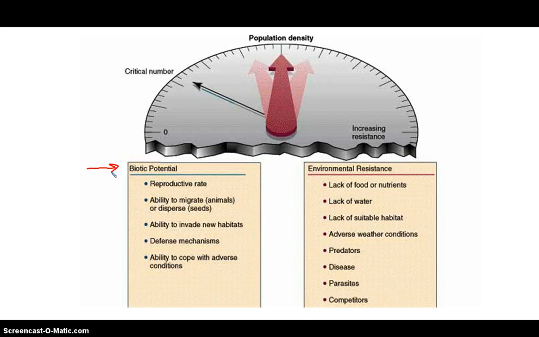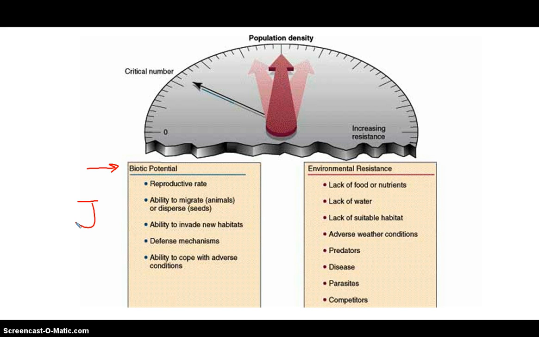Another thing is the ability to migrate in plants and animals, the ability to invade new habitats, defense mechanisms, things that can protect themselves, camouflage, the ability to cope with adverse conditions. These are all things that are going to increase their biotic potential and their ability to reproduce very, very quickly and look more like the J curve we had talked about.